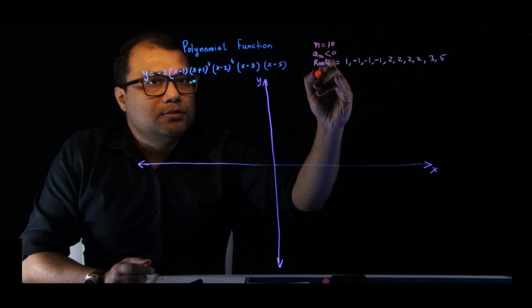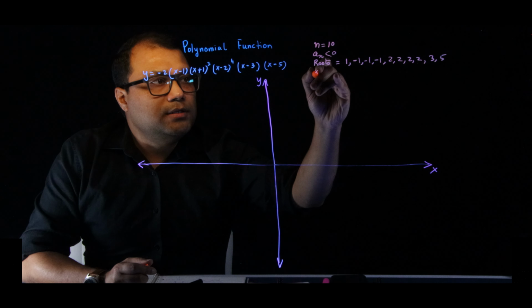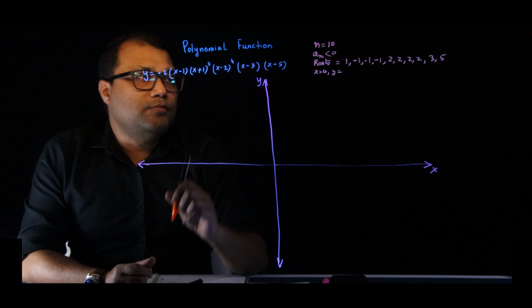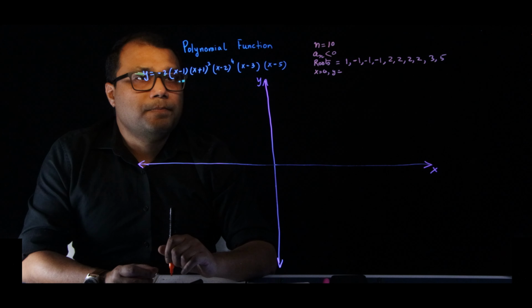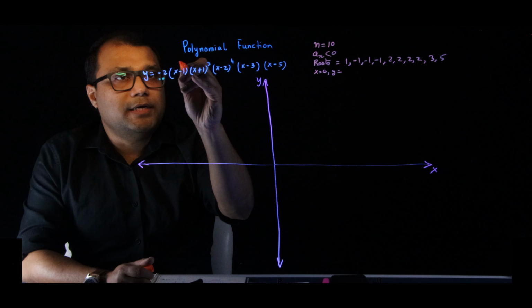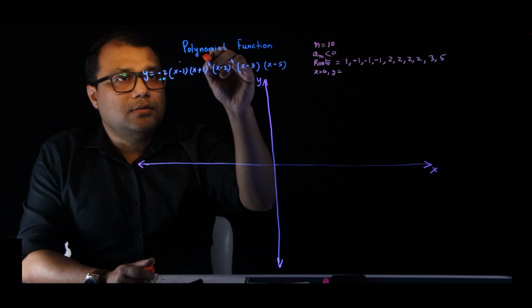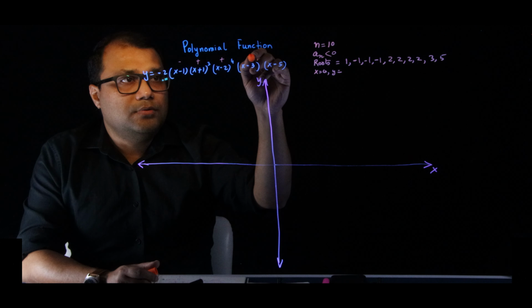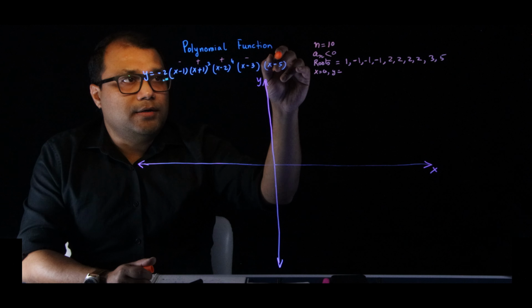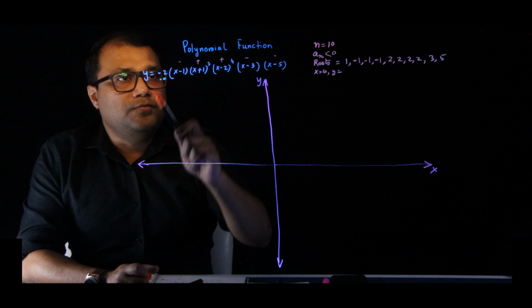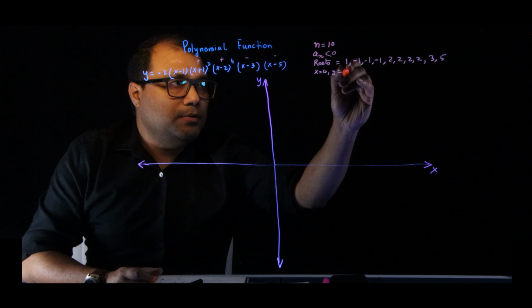Now last thing is when x equals 0, what's the value of y? So when x equals 0, this is negative, this is positive, this is positive, this is negative, this is negative. So 1, 2, 3 negatives and 4 negatives. So this is a positive number.